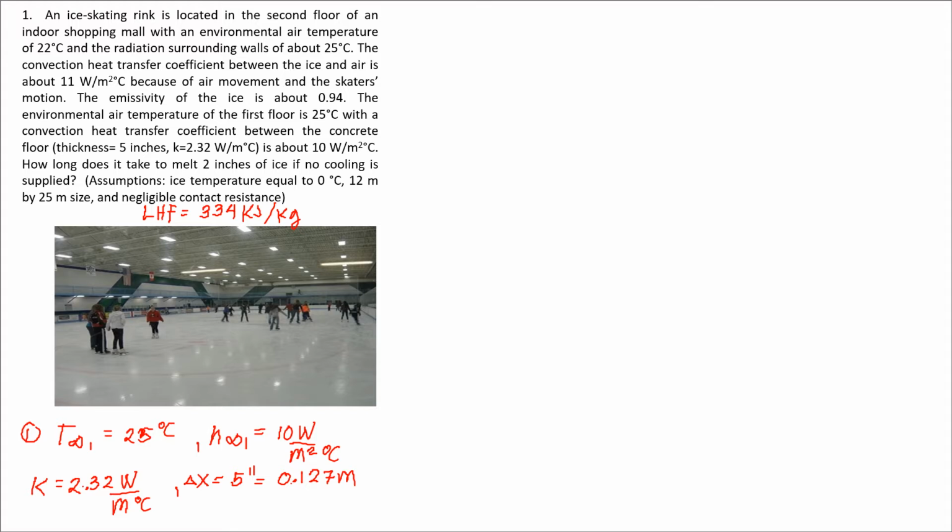So what else? Okay. In the second floor, the temperature of the environment is about 22 degrees Celsius. The temperature of the wall is 25 degrees Celsius. Also, the temperature of the ice is equal to 0 degrees Celsius. The emissivity is 0.94.